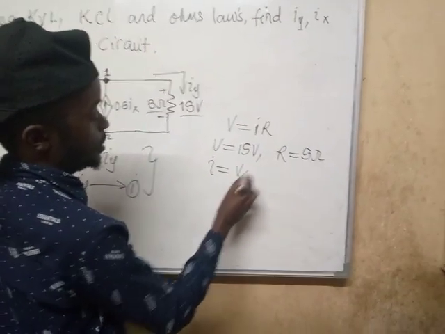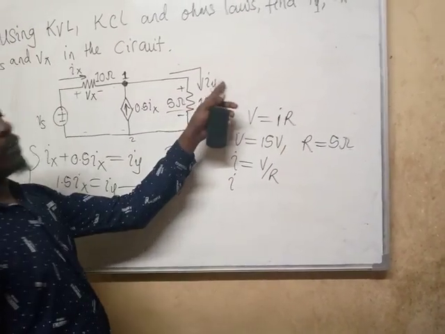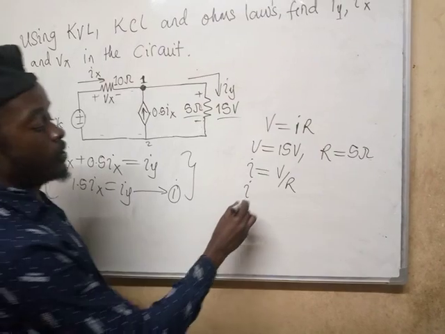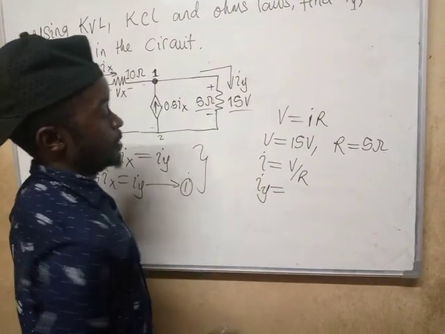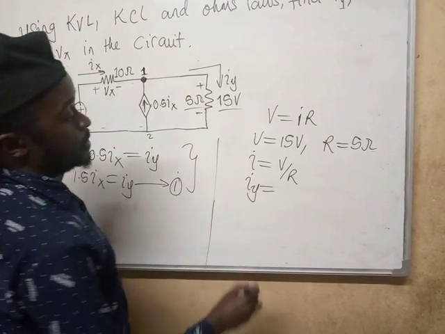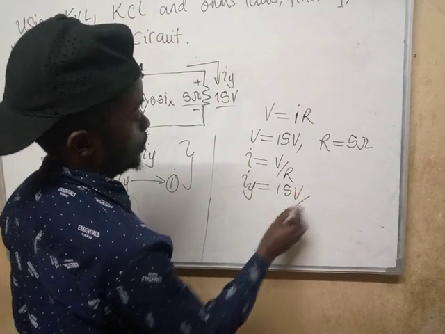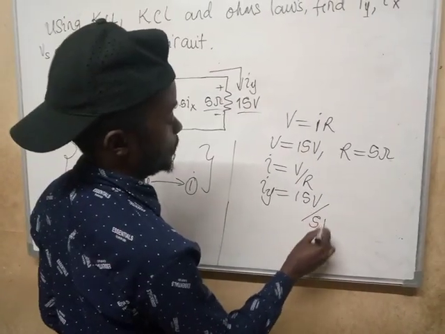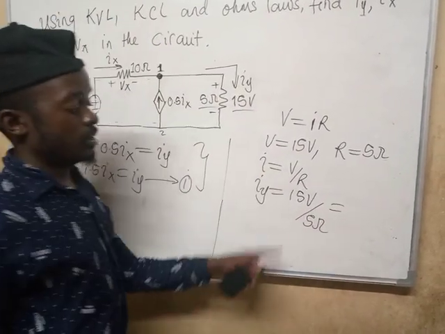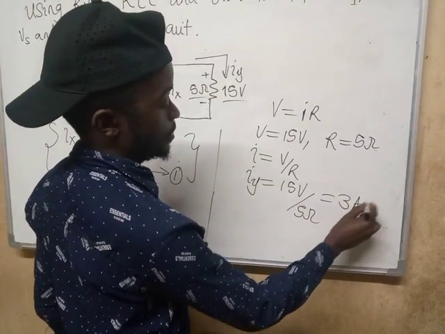Current is equal to voltage over resistance. I want the value of I0, so I0 is simply equal to the voltage of 15 volts divided by the resistance of 5 ohms. This gives me 3 amps.